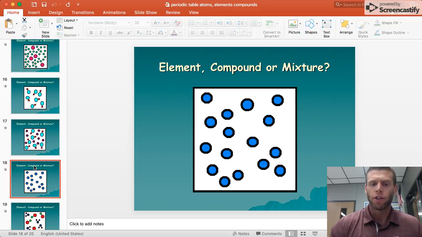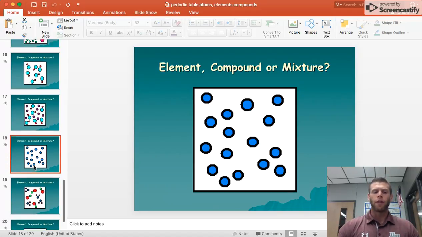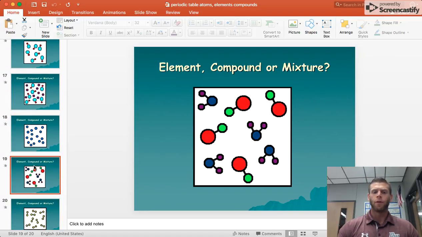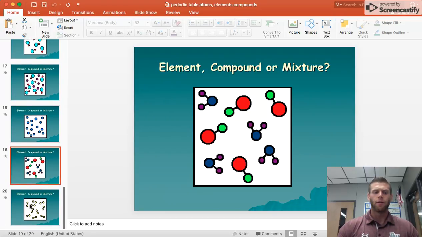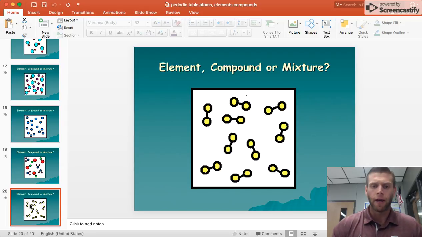Here I have just some blue dots floating around there. Here I have a hodgepodge of different colors, but if you look, all of those are somewhat bonded together. And then here I have all the same type of elements that are bonded together. So is that an element, compound, or a mixture?